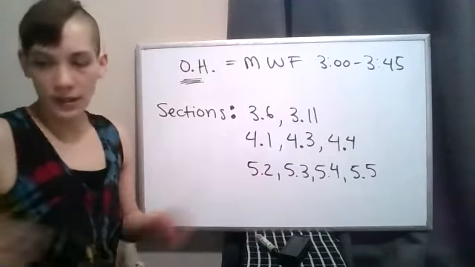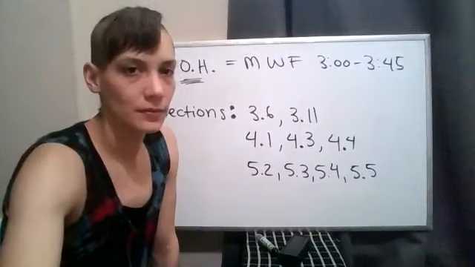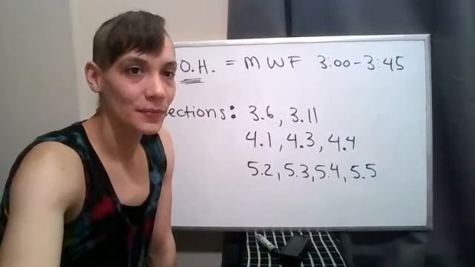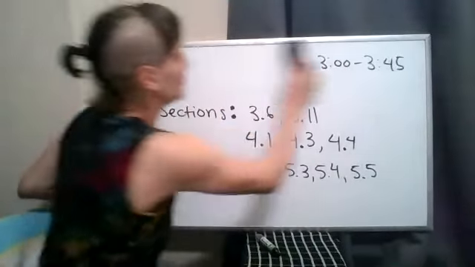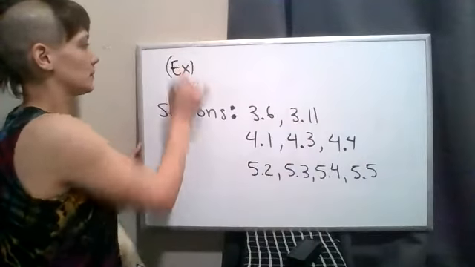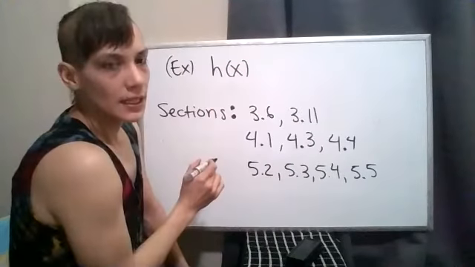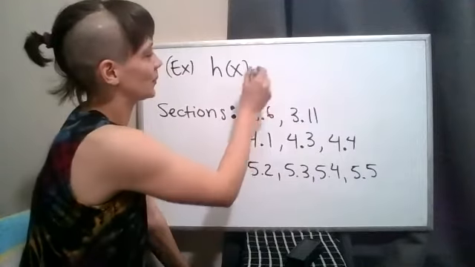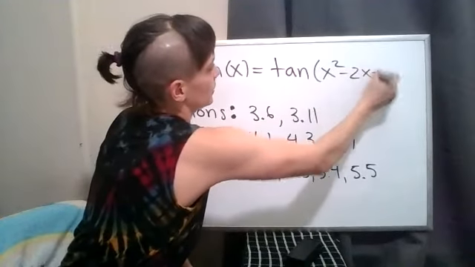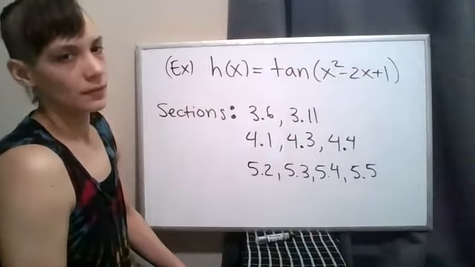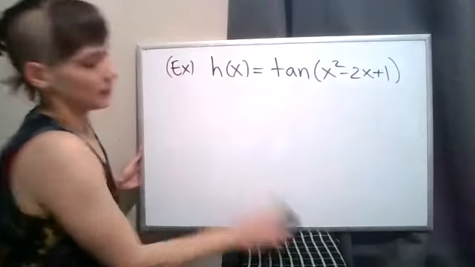Okay, let's do h of x is going to be tangent of x squared minus 2x plus 1. Find h prime.